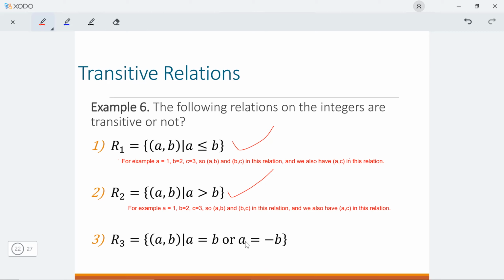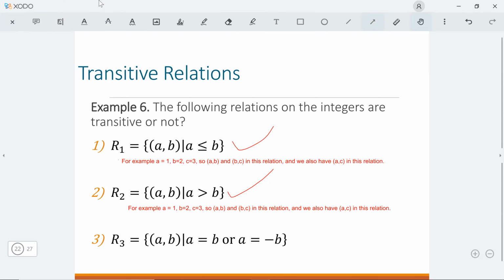So no matter what the possible value of C is, 1 or negative 1, A will always be equal to C or maybe equal to negative C. This is a little complicated, I understand, but we just need to run through all of the possible cases.